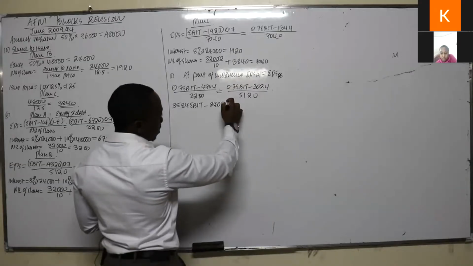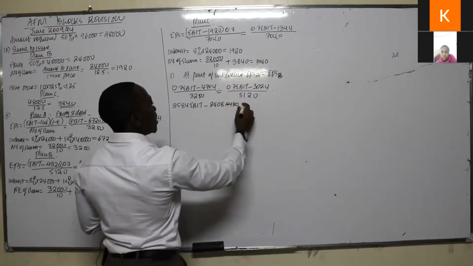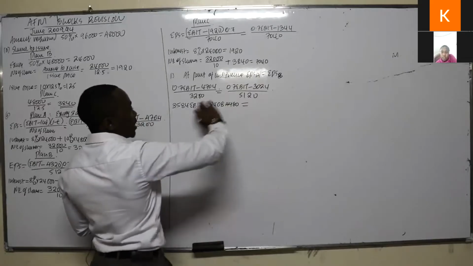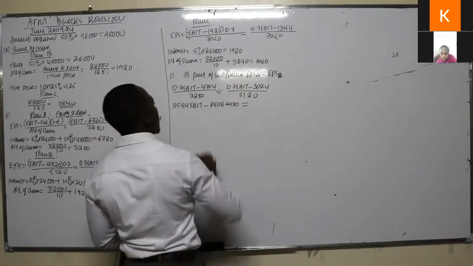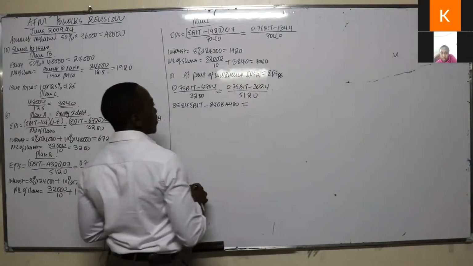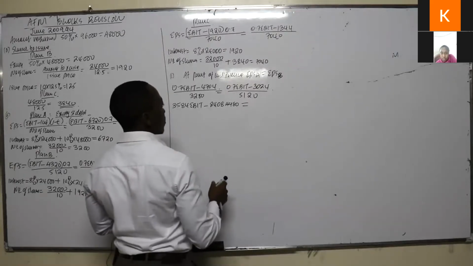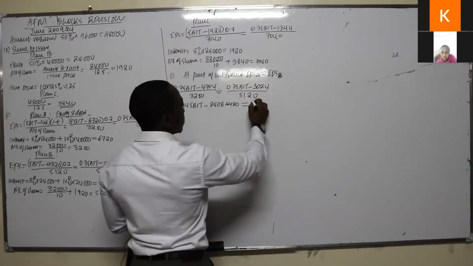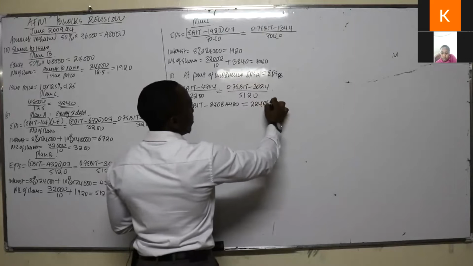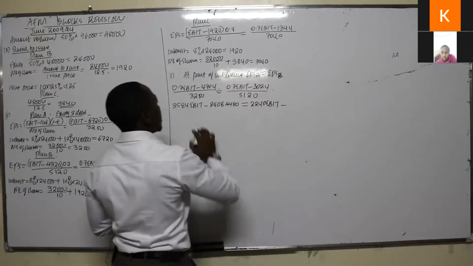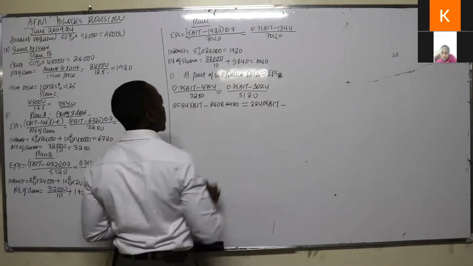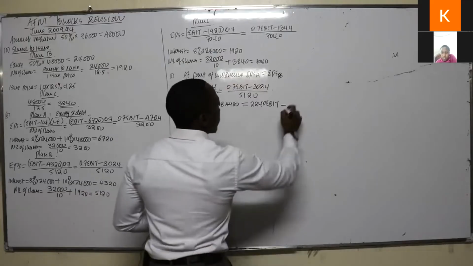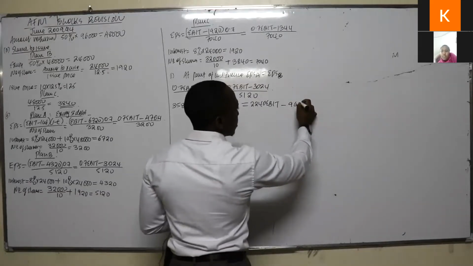Sorry? 4480 is equals to, let's cross multiply. That's 200 you multiply by 0.7, you get 140. 2240. 2240 EBIT minus that 200 you multiply by that 30.24.